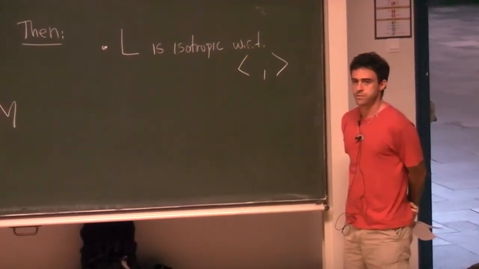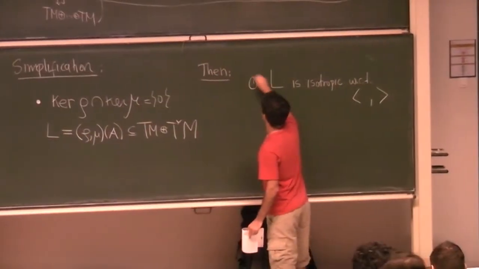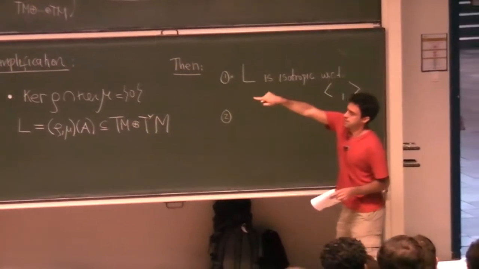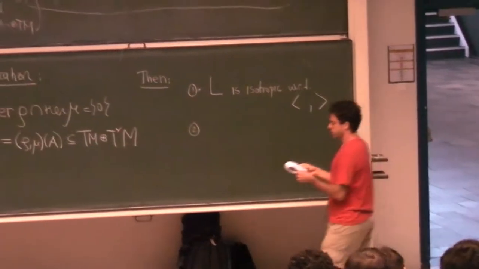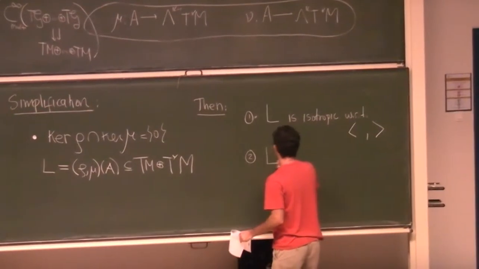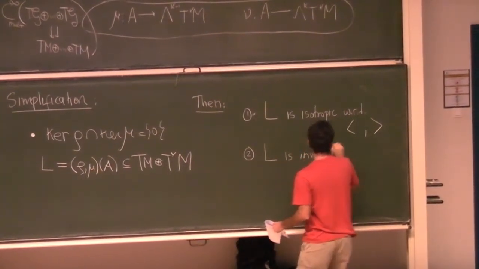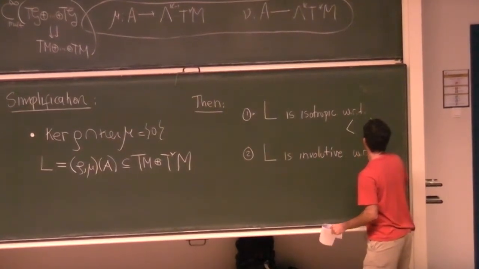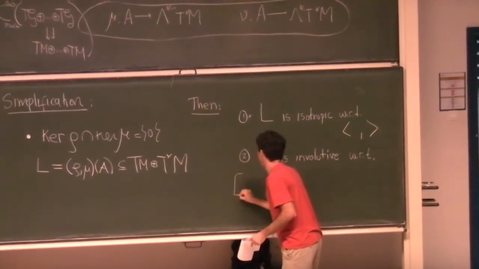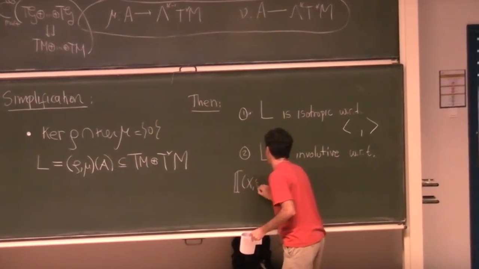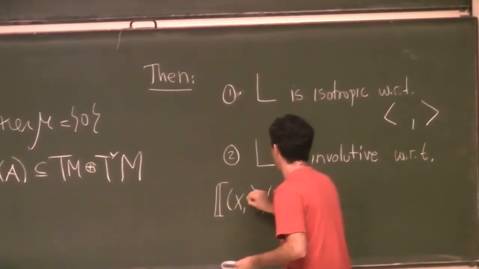That's what the first equation says. And the second, so to say, IM equation, the one involving the bracket of U and V, that equation just says that L is involutive with respect to the following bracket on sections of T plus T star. So how did I write this?